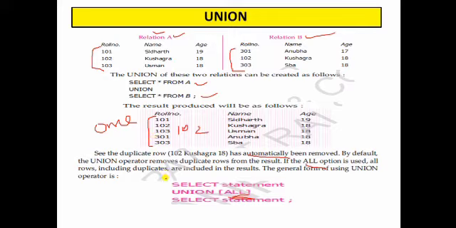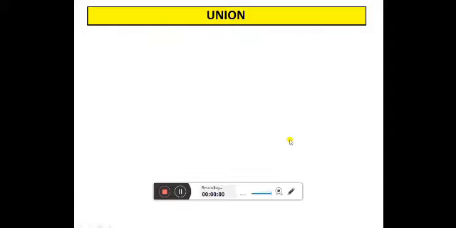That row will appear twice. By default, the union operation shows the duplicate data once only, but if you write the ALL keyword, the duplicate data will be shown multiple times. Hope it is clear.